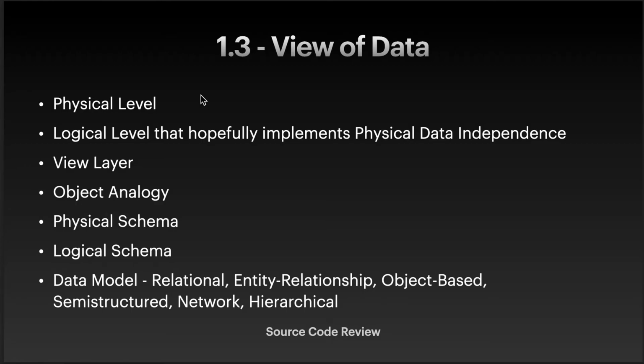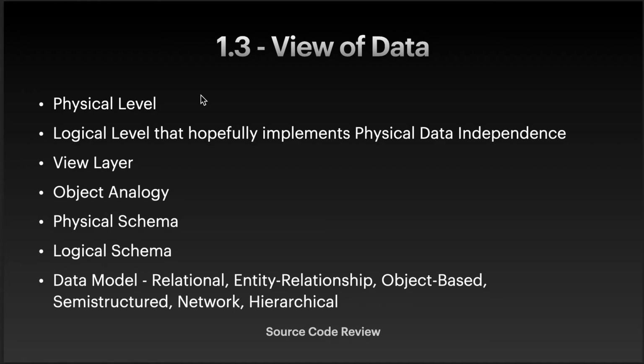Then you have an object-based data model, which uses objects to store data. So you would have a student object, and every time you add a student, you would basically be making a new student instance.